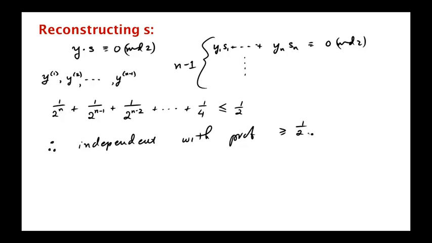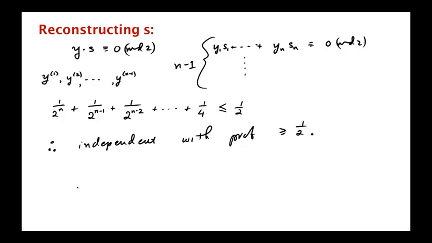If it doesn't, we can rerun the algorithm. So what we're going to do is run the algorithm n-1 times, create these n-1 linear equations, solve them, get a value for s, and check whether s looks good. So how do you check?